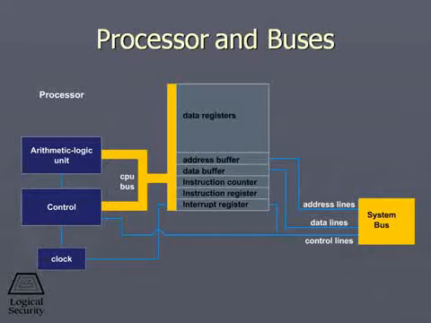On the left, we see the processor with the control unit, the ALU and CPU, and then of course we see the clocking. The whole system runs on a clock, so there is a single clock pulse that all components in the system can see, and this way they can remain synchronized with the other components.